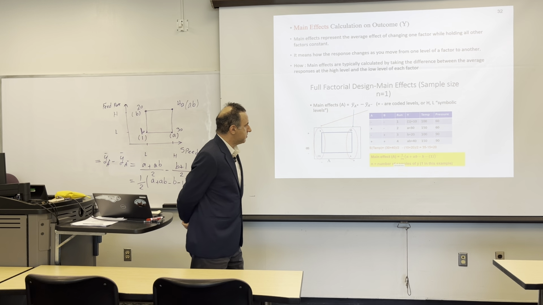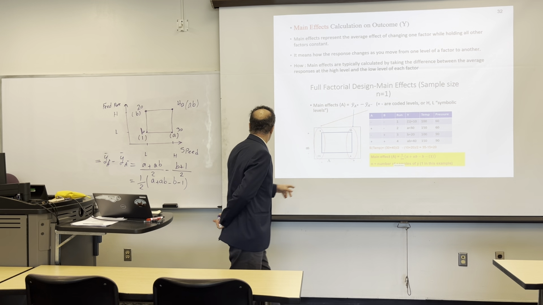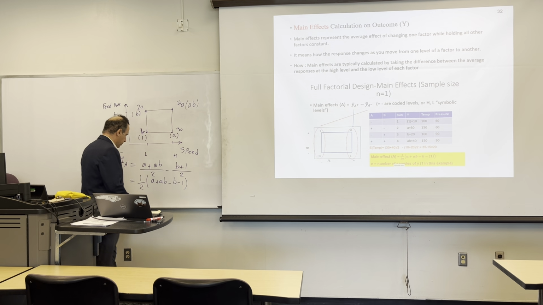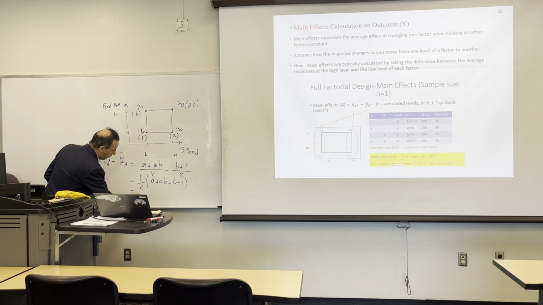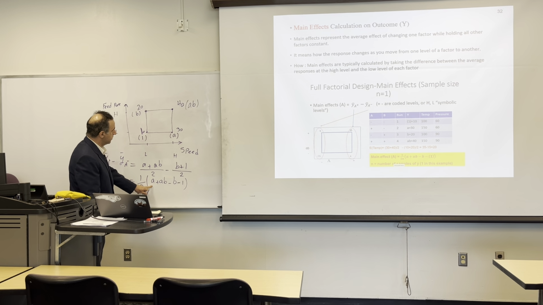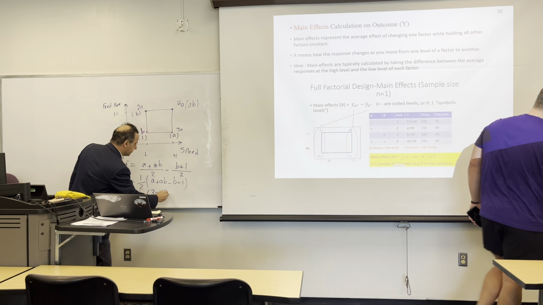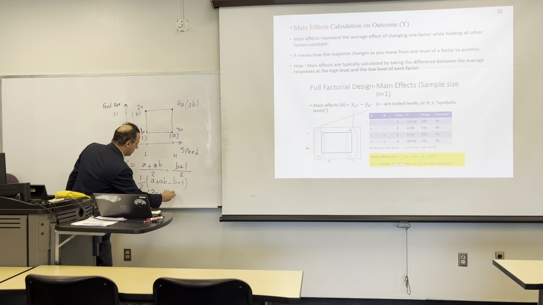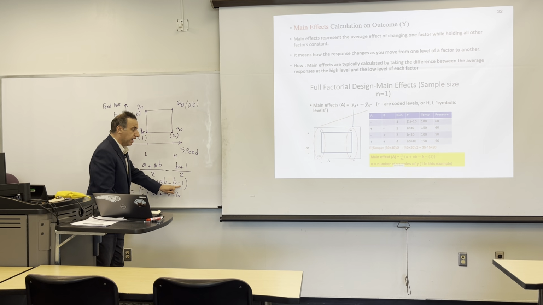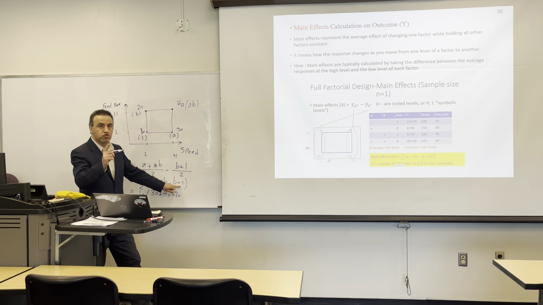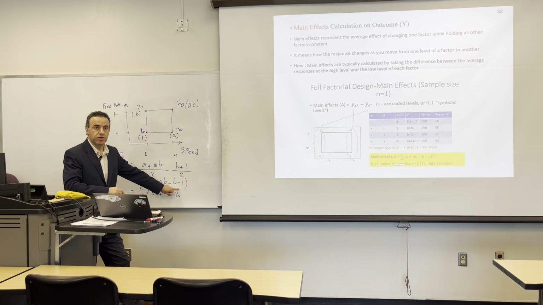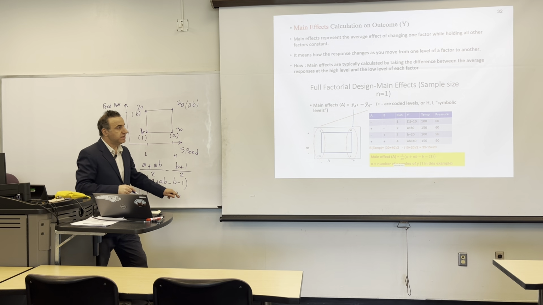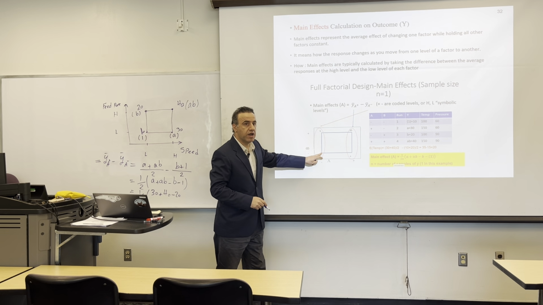So let me plug these numbers in there. 1 over 2. What is A here? A is 30, right? B is 40. AB is 40. B is minus 20. And this one is tricky. Make sure you know what this one is. 1 is not 1. 1 is this design point.